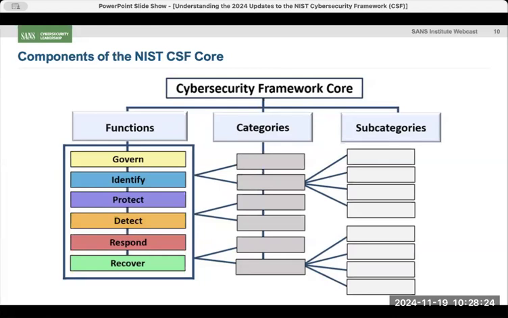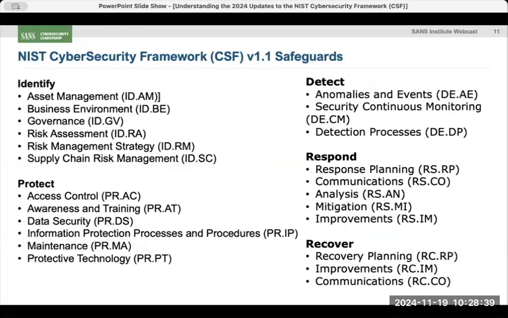But all of these things you'll see defined here are really ways of organizing individual specific safeguards, or again, these good things that we should be doing in our cybersecurity programs in order to help them achieve our objectives.